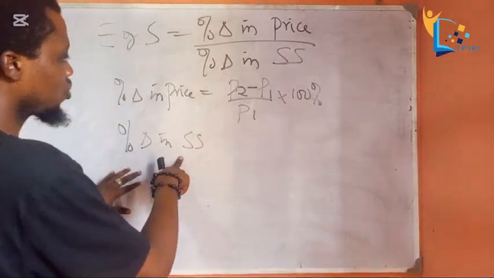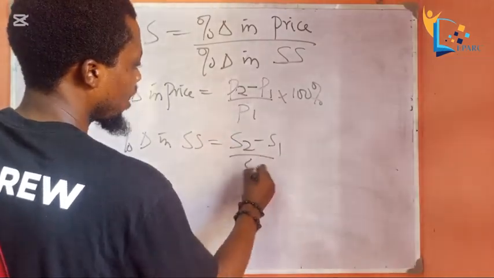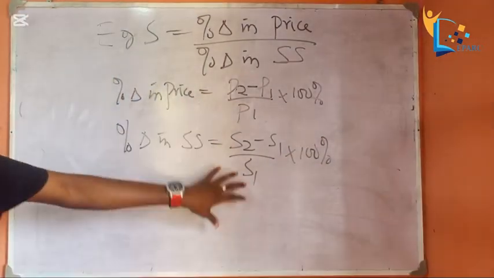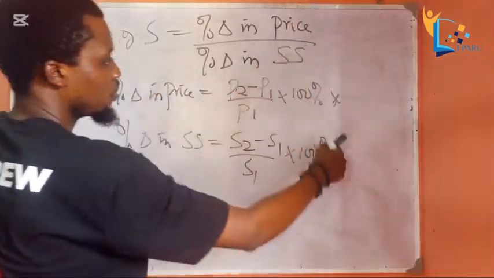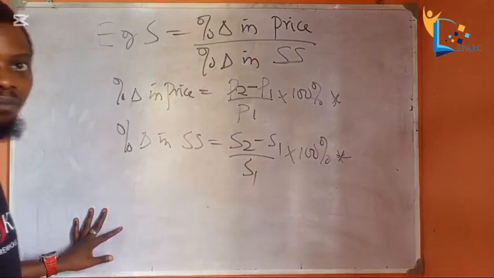Then for percentage change in supply, we have S2 minus S1 all over S1 times 100%. Whatever you get as your answer for the first, you divide it by whatever you get for the second.